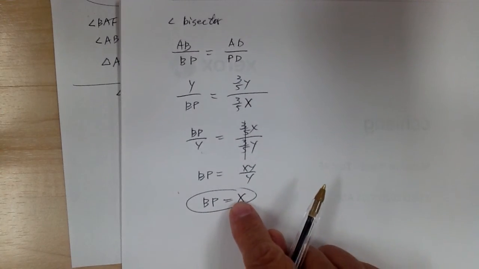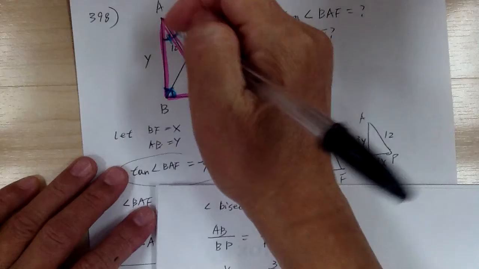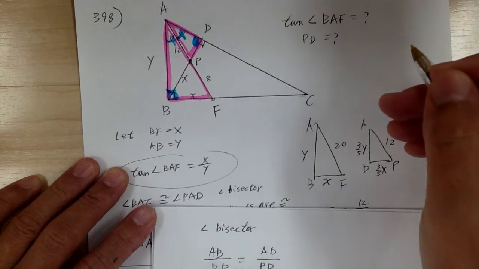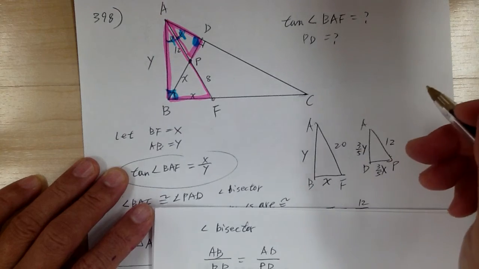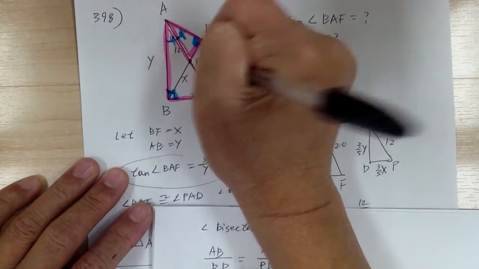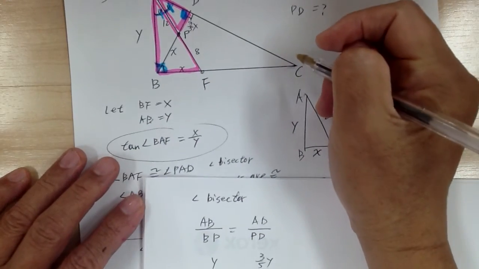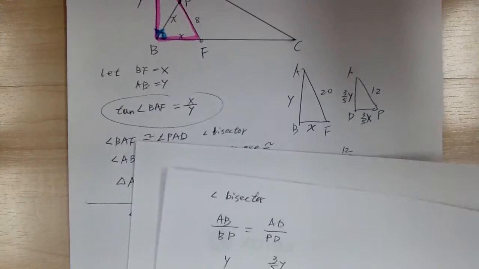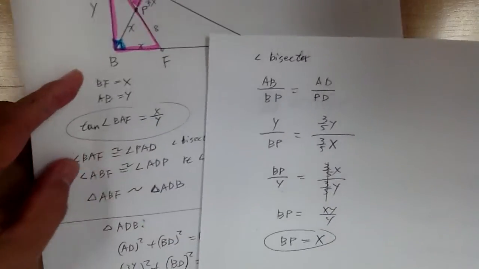So once you find this is equal to x, we can put it over here. So this is x, and DP is 3/5 x.